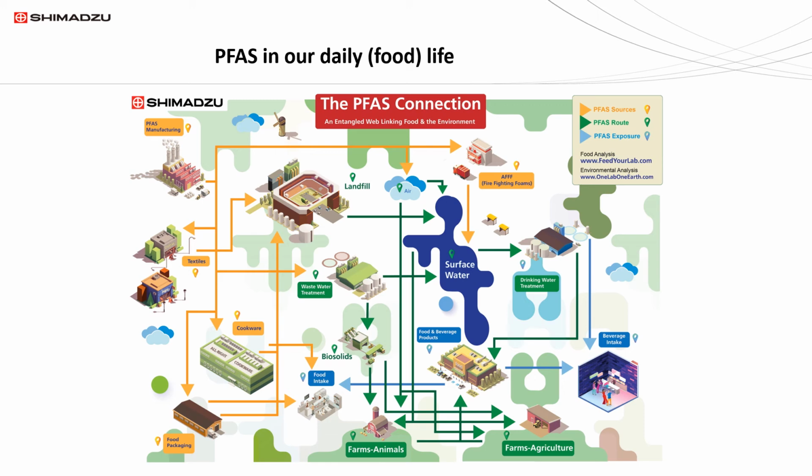And as you can see from the PFAS manufacturing, it goes into the textiles, the cookware, the food packaging. And then of course from the cookware and food packaging, it's directly transferred onto the food and then consumed by the people. But a lot of PFAS is also used in the firefighting foams, and when those are dispensed into the environment, they could end up in the surface water, which is then used to irrigate farms.